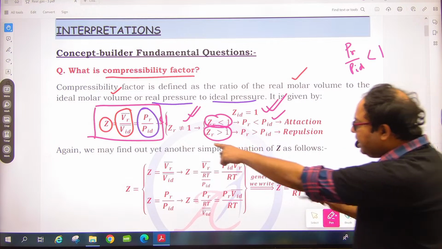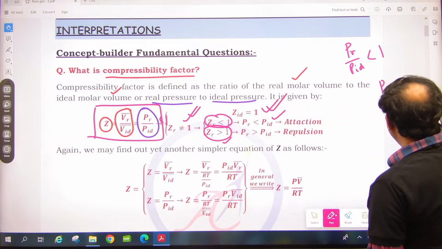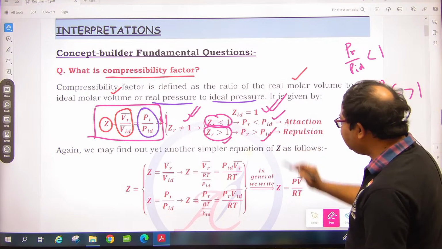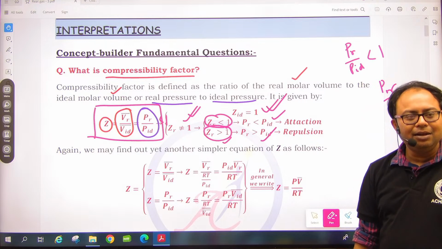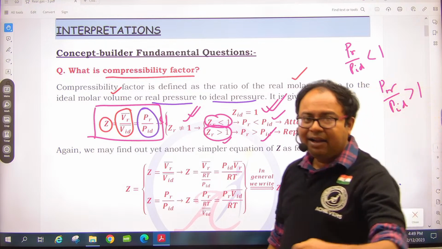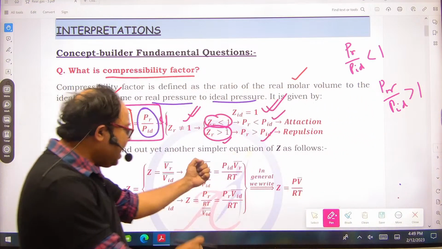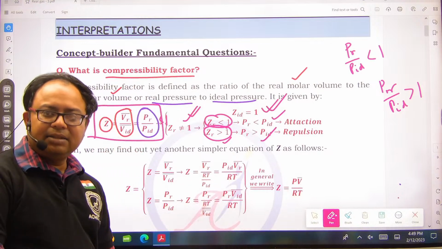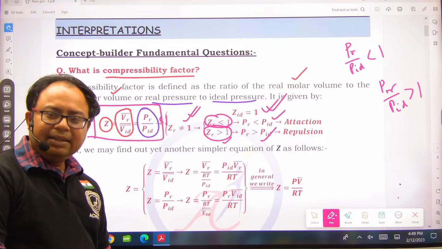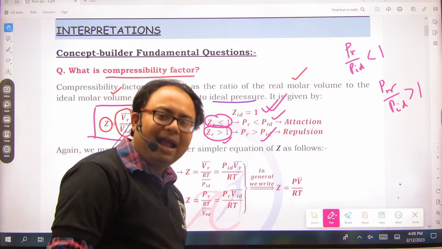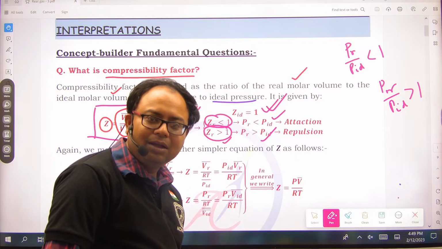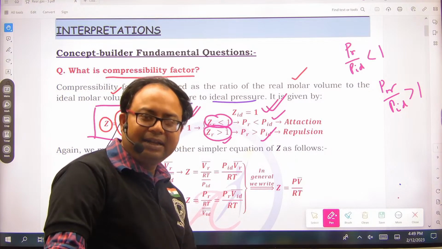And if Z is greater than 1, then P R by P ID becomes greater than 1. That means P R is greater than P ID. What does that mean? If P R is lower than P ID, then some other molecules are pulling it back. So it's an attractive force.